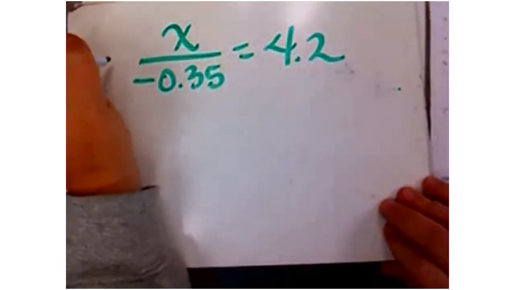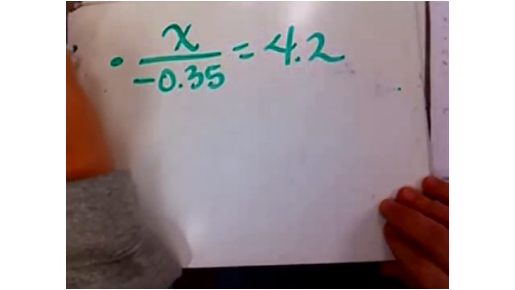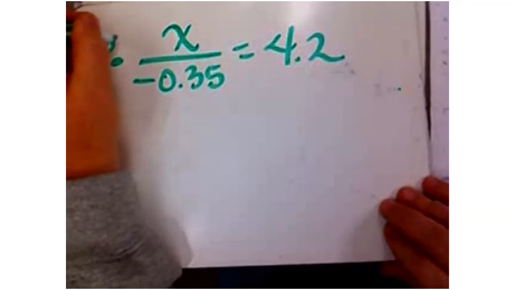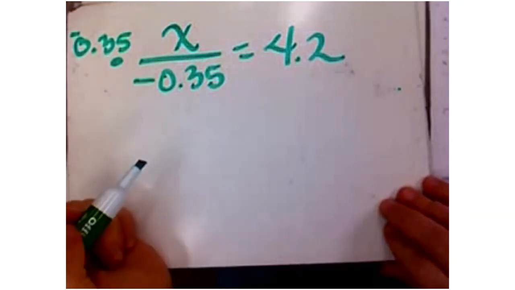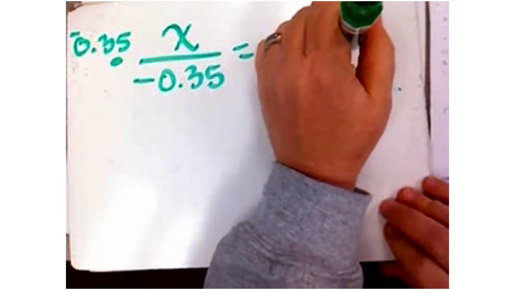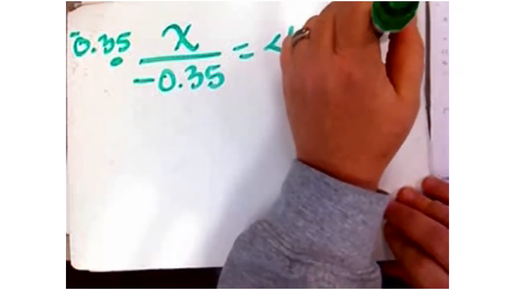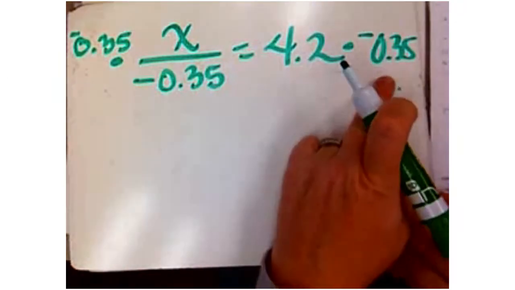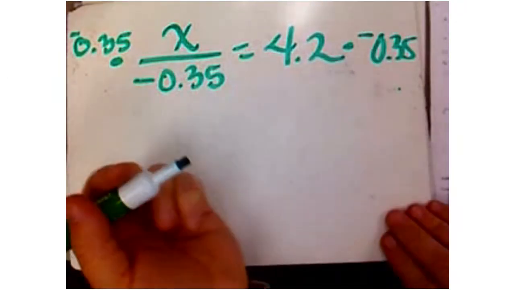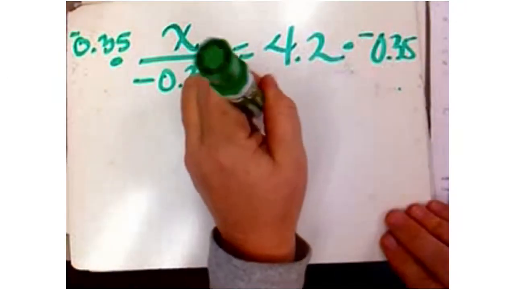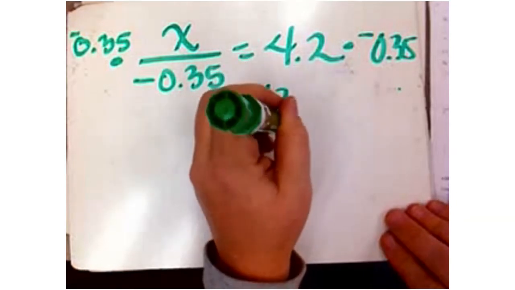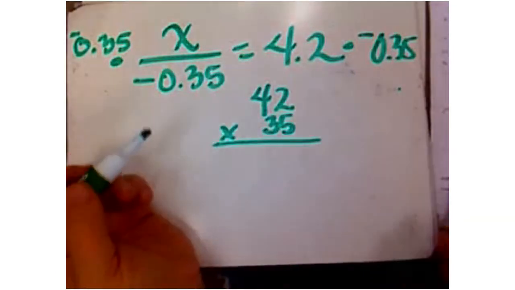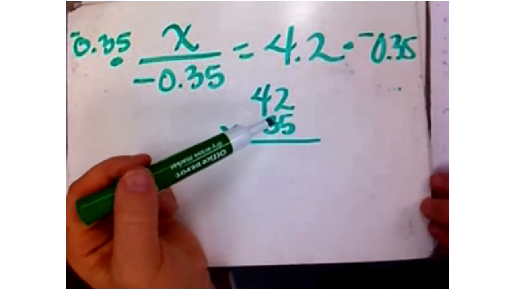To undo division, we multiply by the same number, don't we? We're going to multiply by negative 0.35 on both sides. So we're going to have to take that 4.2 and multiply it by negative 0.35. Let's just multiply 42 times 35, and then we'll bring the decimal back into play.